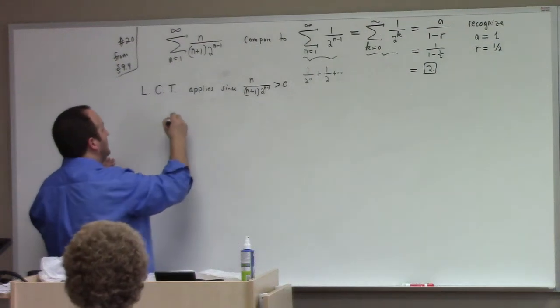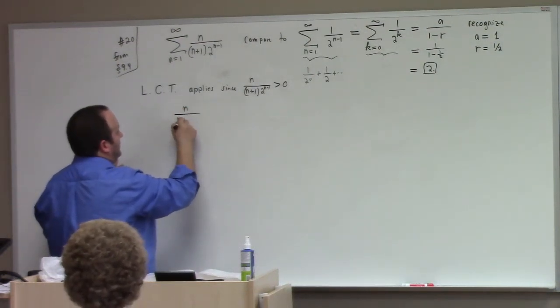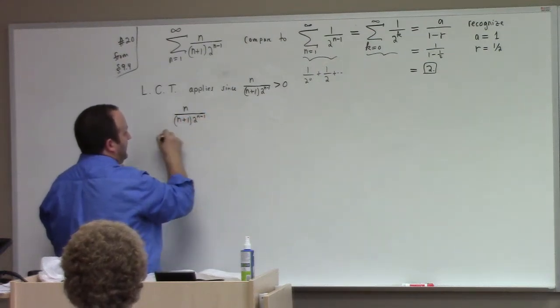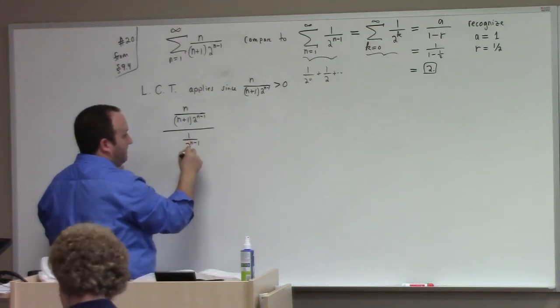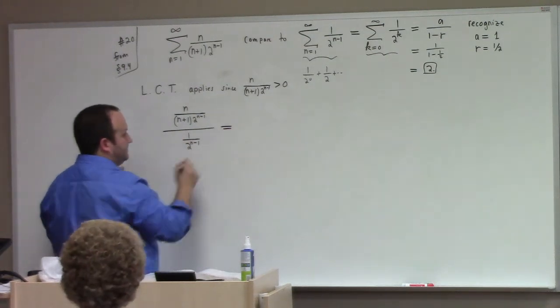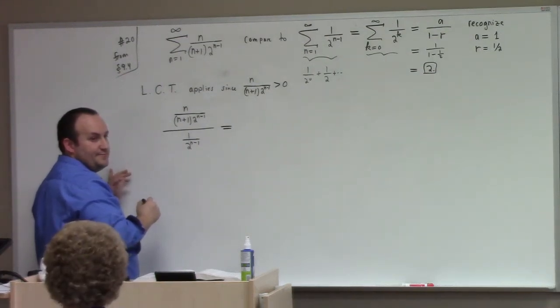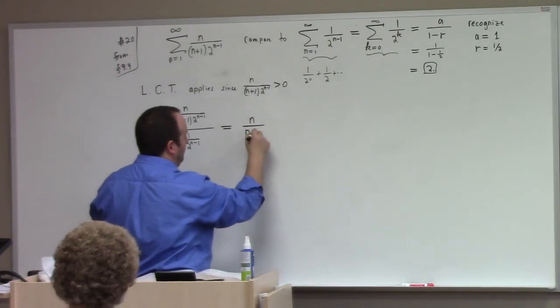So then we're supposed to do what? We're supposed to look at n over n plus 1 times 2 to the n minus 1, and then divide by 1 over 2 to the n minus 1, right? What is that? Yeah, this is n over n plus 1, and what's the limit of that?